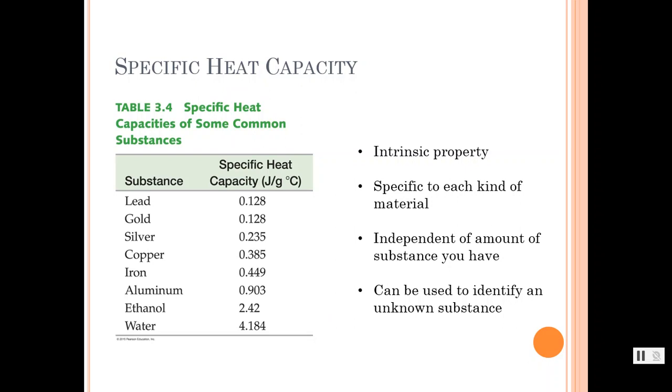We said that it reflects how much heat is necessary to raise the temperature of a substance, either a gram or a Kelvin unit. So I have some substances in this table here that's also in your textbook. I have some listed substances and their listed heat capacities, or specific heat capacities. And you'll notice a few things here. When looking at the units for specific heat capacity, the units are kind of funky in the fact that they are derived units.